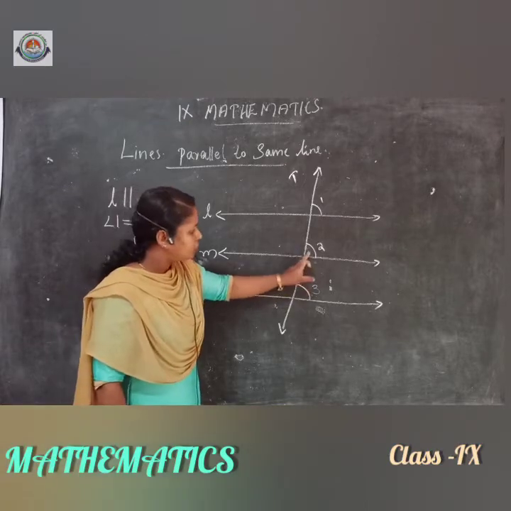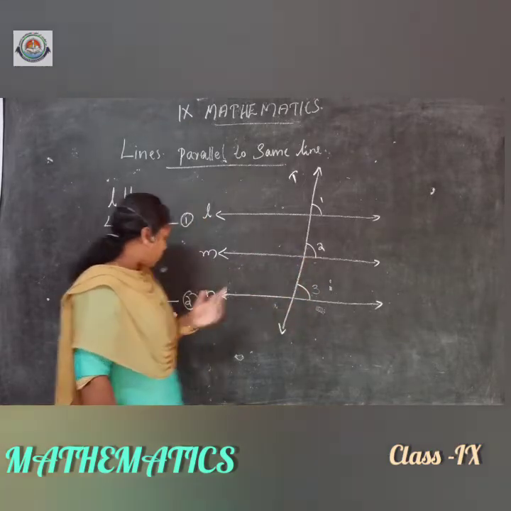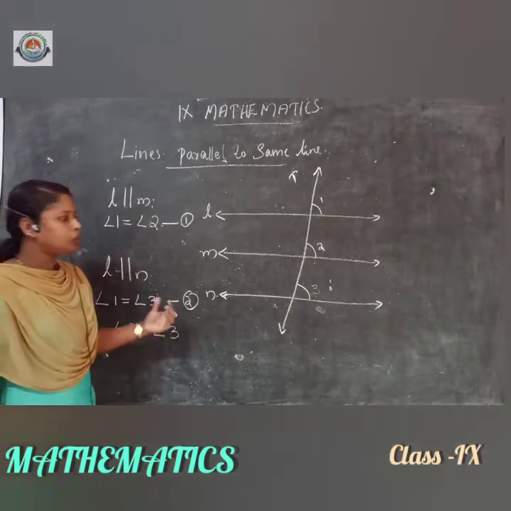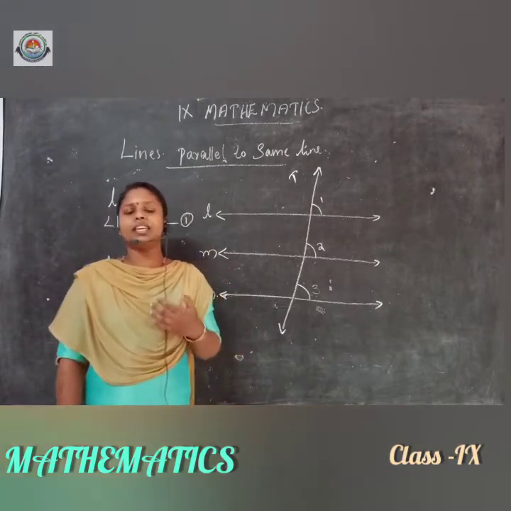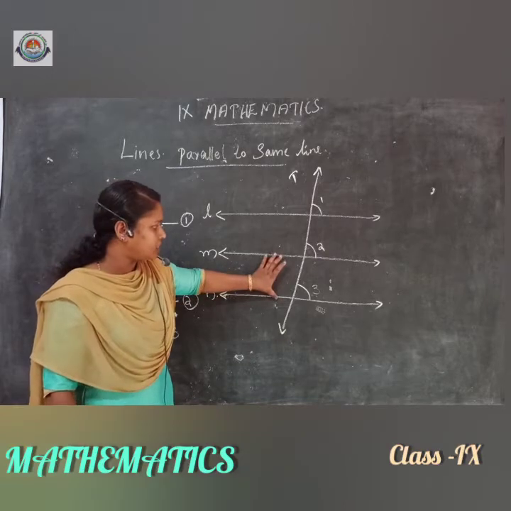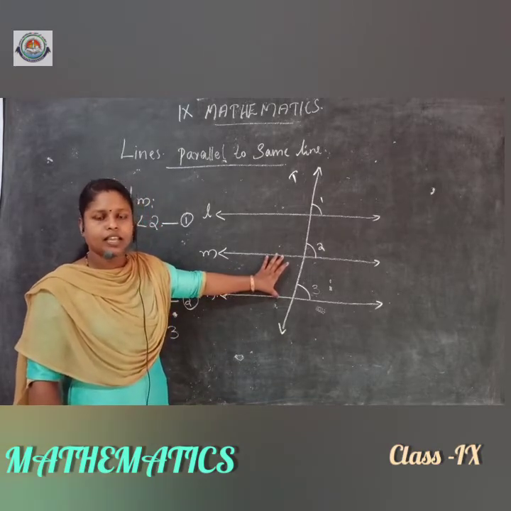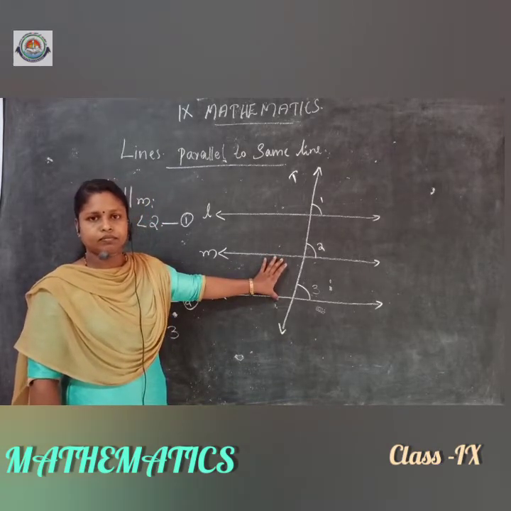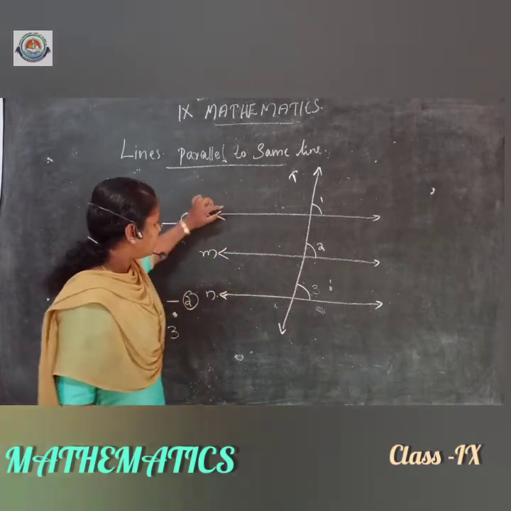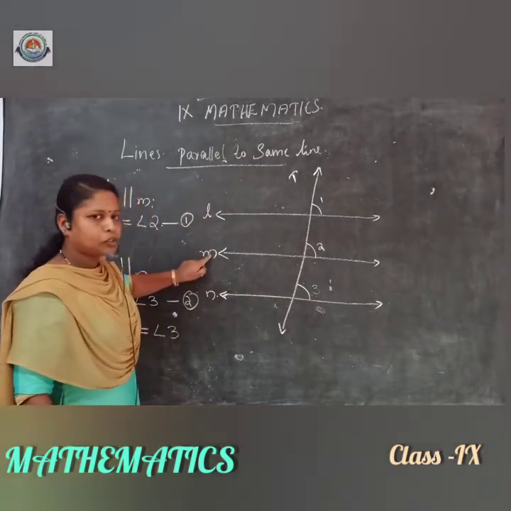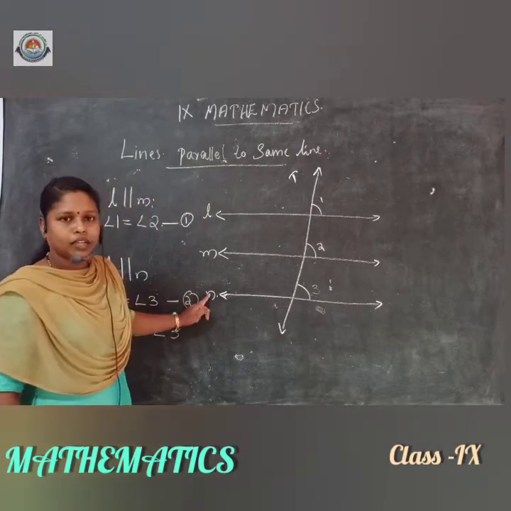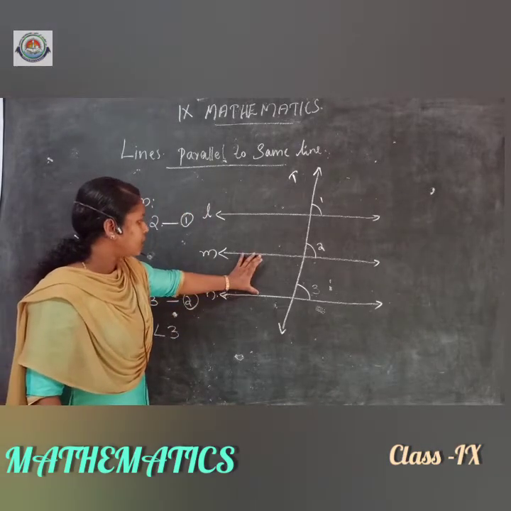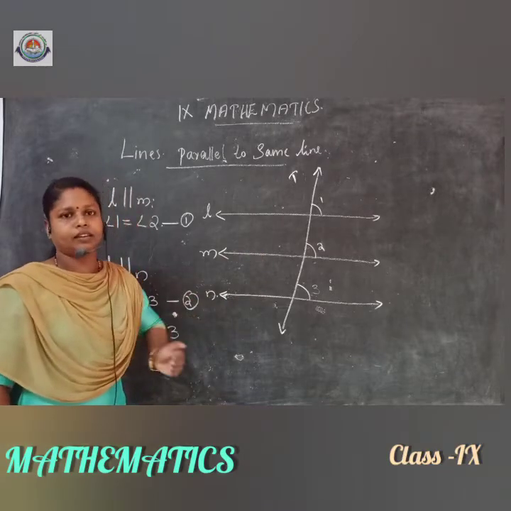If the corresponding angles are equal, then the two lines are parallel. So L is parallel to M and L is also parallel to N. Therefore, M is parallel to N.